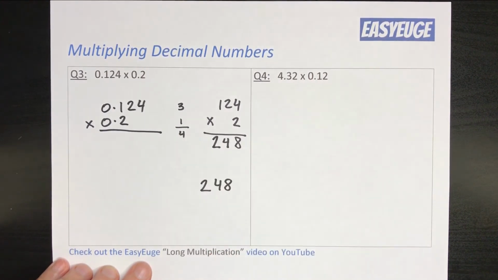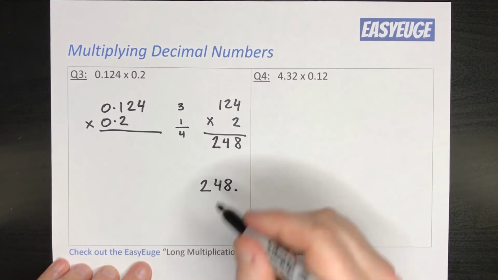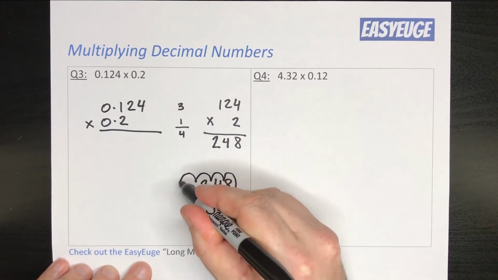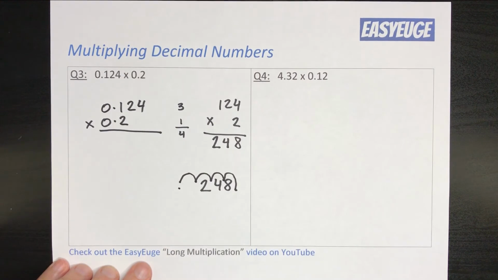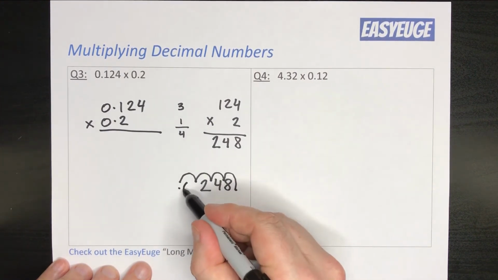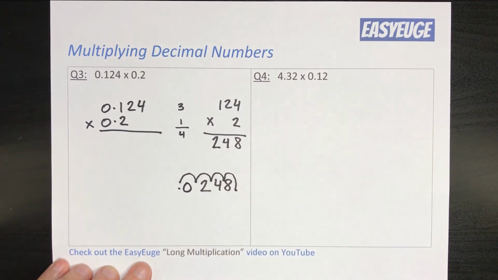Let's add back in 4 decimal points. So we'll start here. 248, and we'll go 1, 2, 3, 4. The decimal point ends up over here. Whenever we have a blank space, we can put in a 0, and be very careful to make sure that you add in that 0, because it's very important for the answer.